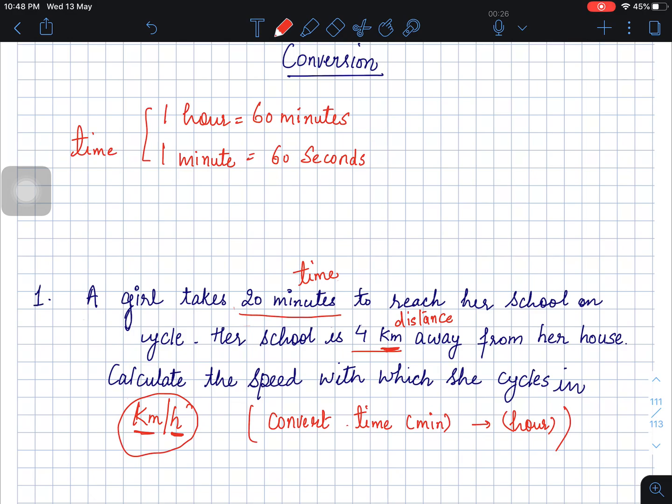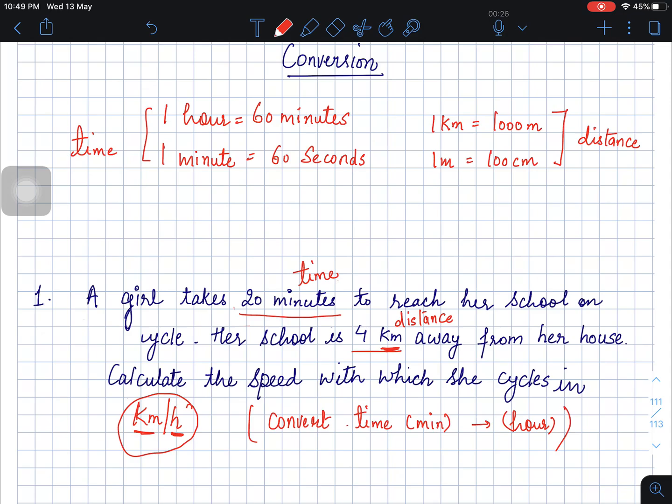Sometimes you might need to convert distance also. They might give it in meter and ask you in kilometer, or the other way around, so you should know that conversion also. 1 kilometer is equal to 1000 meter. Usually the question does not come with centimeter, but you should know that 1 meter is equal to 100 centimeter. So this is with distance.